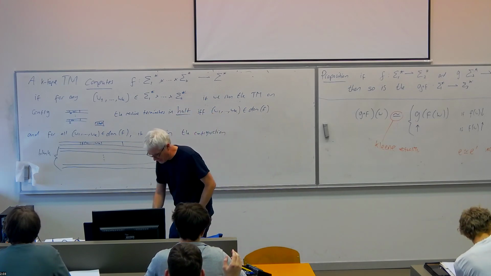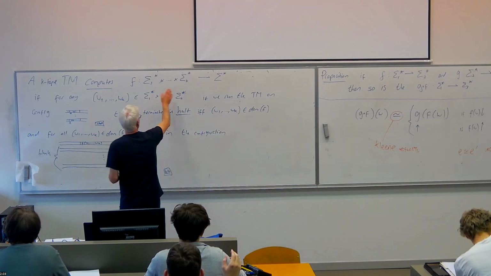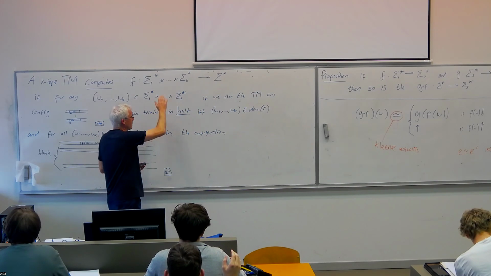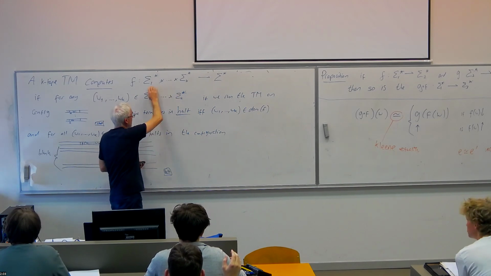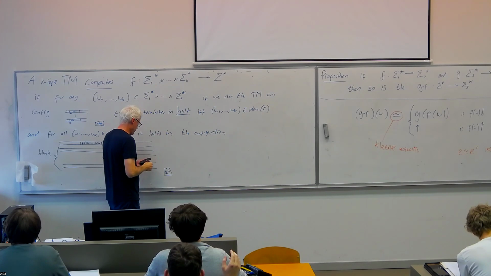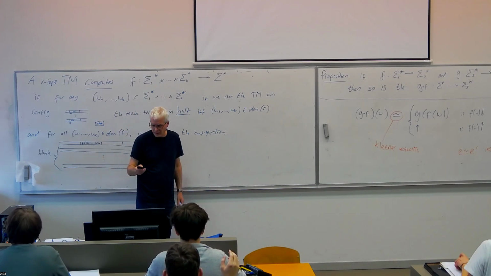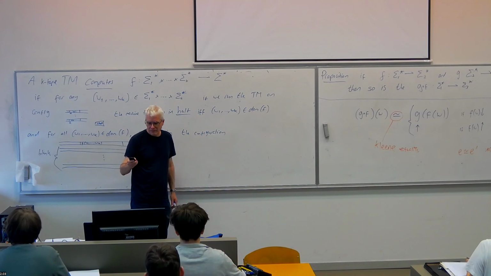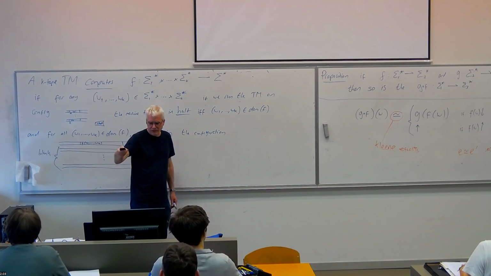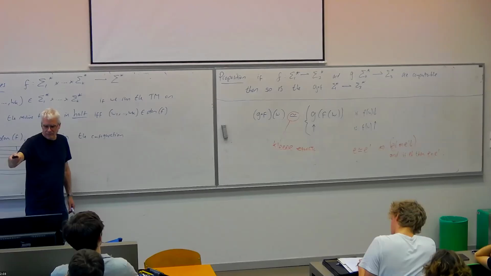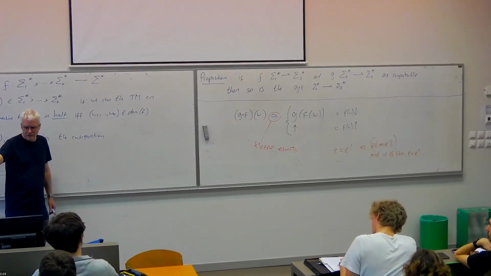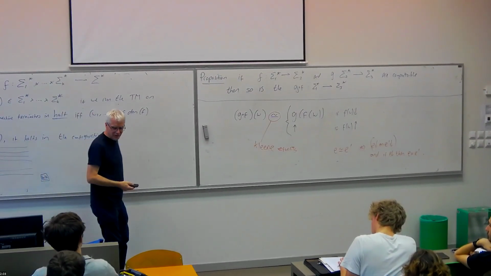So we've got what it means to compute functions between words, and also functions in many arguments between words. We're now going to look at functions over the natural numbers. And it's clearly not very difficult to do this. So let's just give one definition first.